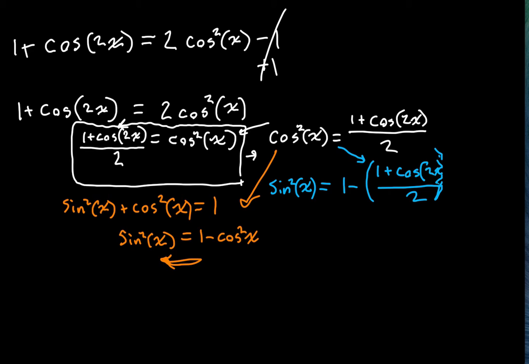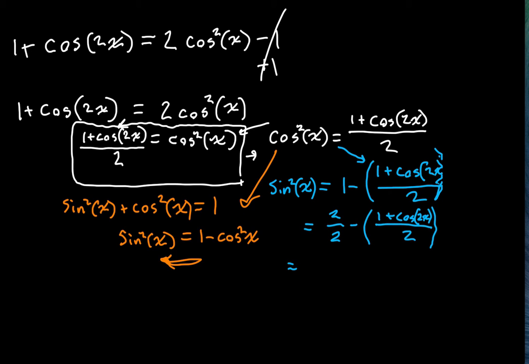All right, so can we simplify this a little further? I think we can. This is going to be equal to 2 over 2 minus (1 plus cosine of 2x) divided by 2.